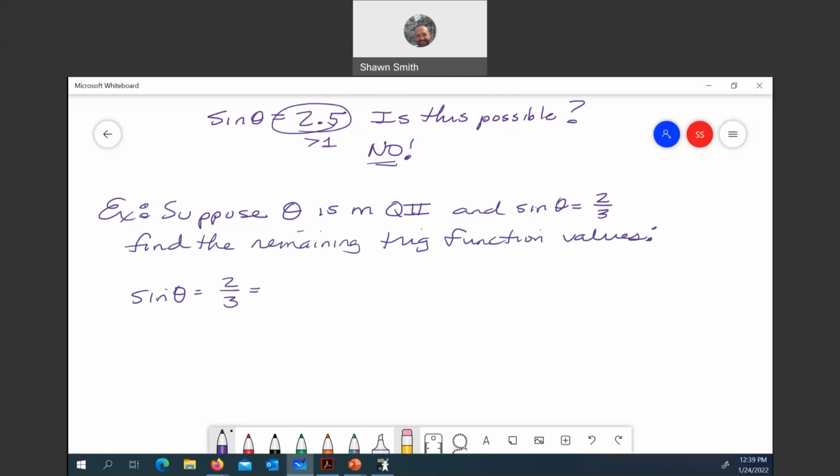So in terms of x, y, and r, sine is y over r, right? So we know our y value and our r value. We just need to know the x value to figure out the remaining trig functions.